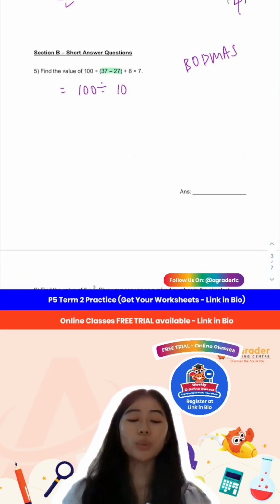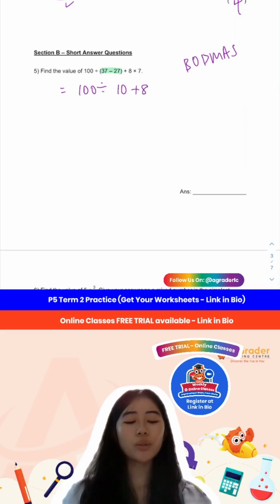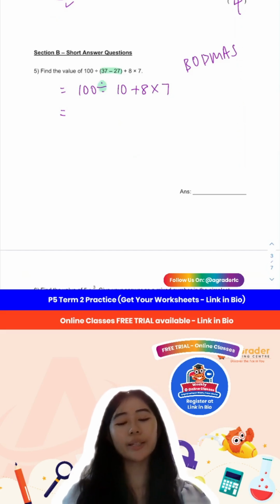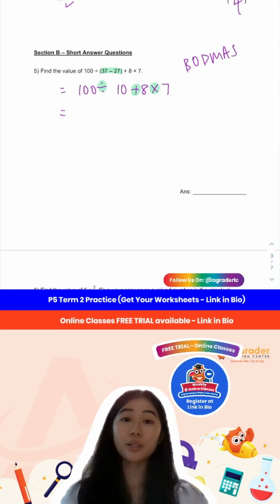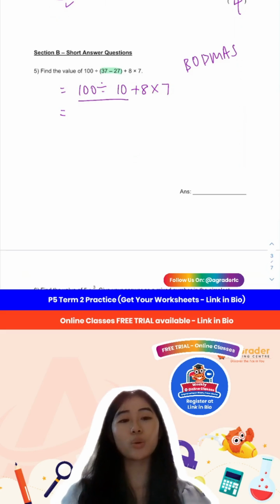After that, you can take away the bracket. Everything else, make sure you copy it down exactly the same. Then you are left with a divide, a plus, and a times. So you can do the division next, that will be 100 divided by 10, which is 10.